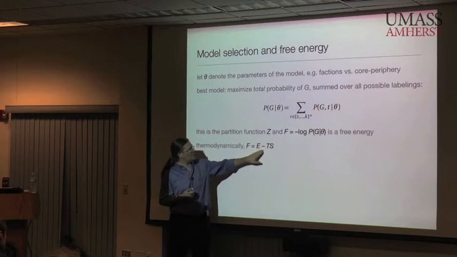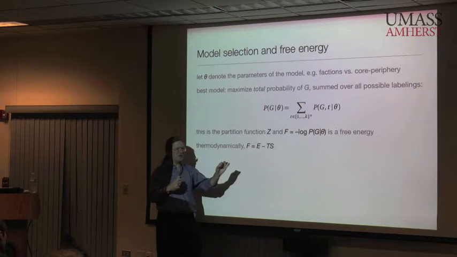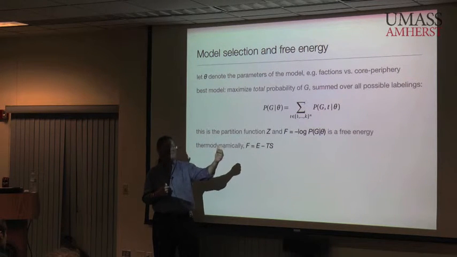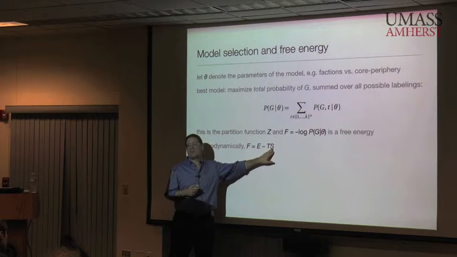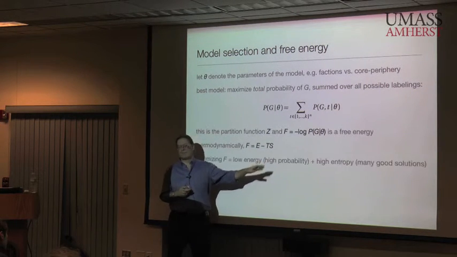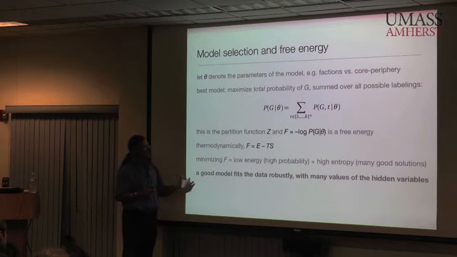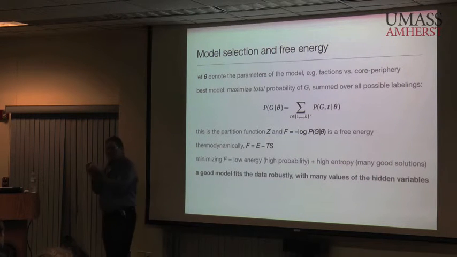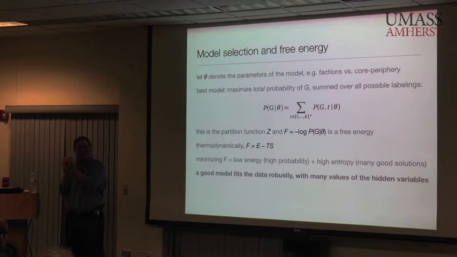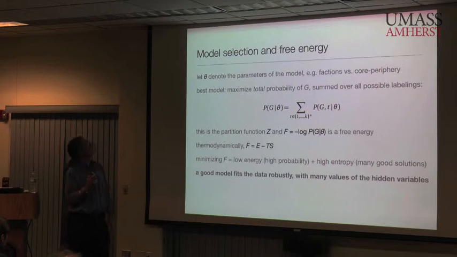So minimizing the free energy means doing two things. You want fits with low energy, that means good high probability fits, but you also want the entropy to be large, which means you want many good fits. So here the slogan is that a good model fits the data in many good ways. It's not just that there's one precise way it can fit the data, and that if you perturb it a little, it does poorly. All right, I guess I didn't skip that slide.